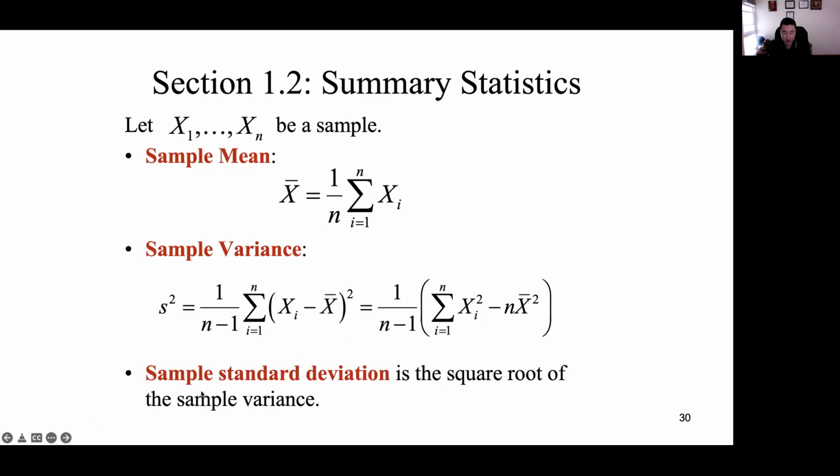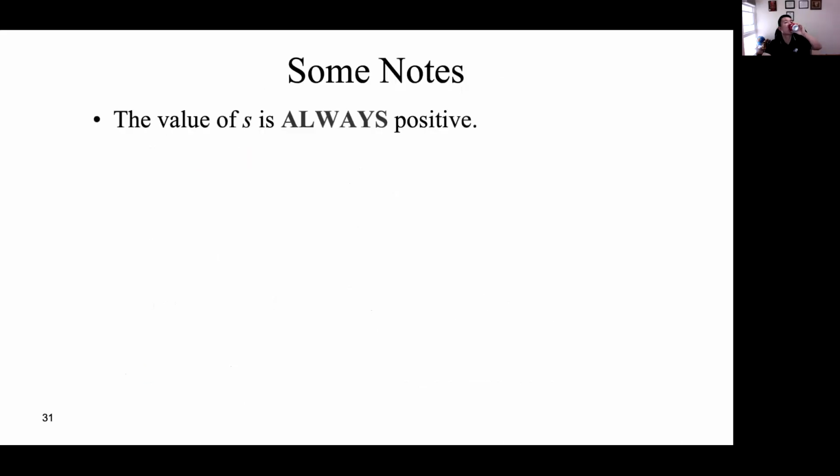So the sample standard deviation is always positive, larger than or equal to 0. It cannot be negative, because it is the square root of the sample variance, S squared. If all the sample items are exactly the same, then S could be 0, but it cannot be smaller than 0.